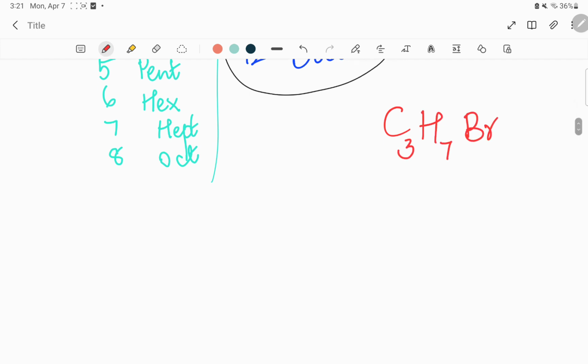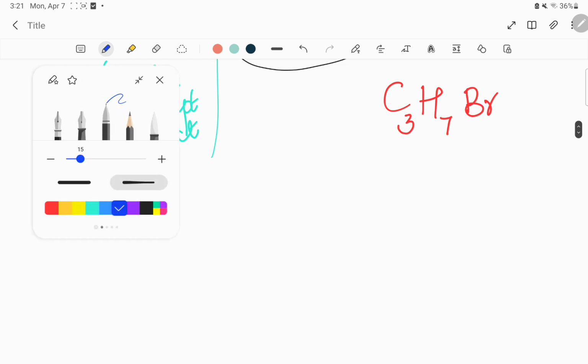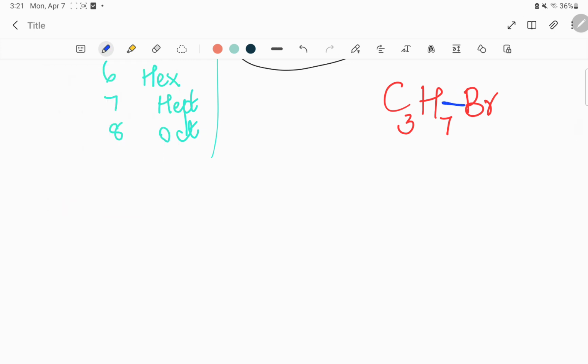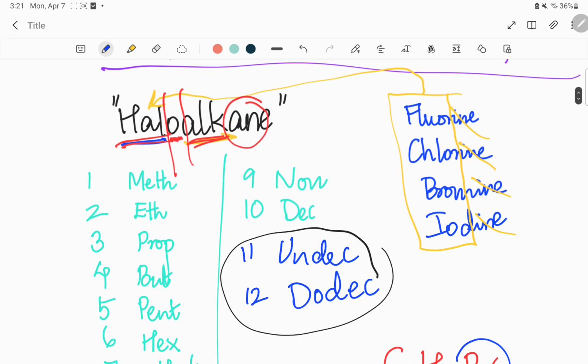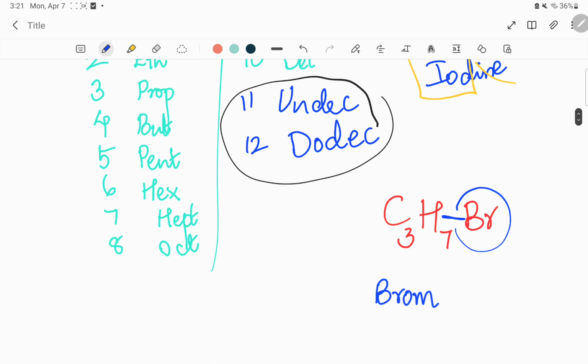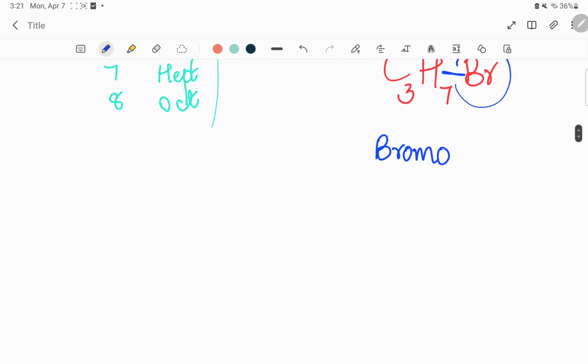If you see here, there is an alkyl group attached to a halogen atom, so this is a haloalkane. Now, what is the halogen attached? It is bromine. So in the place of hal, I replace the word hal with brom, and then we need to add the letter o. So I will write bromo.